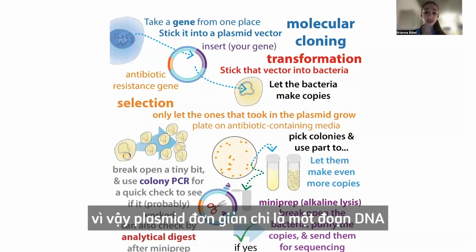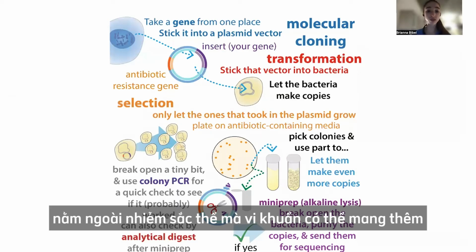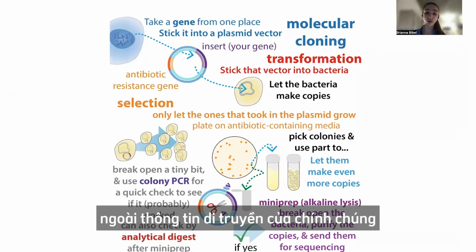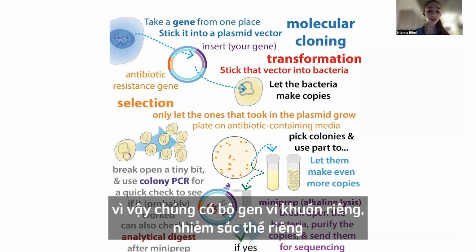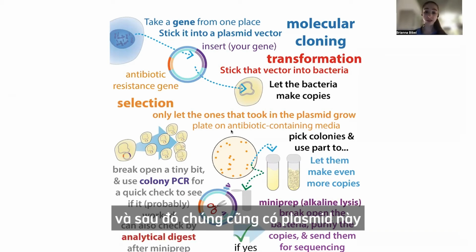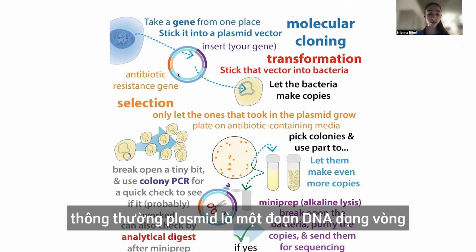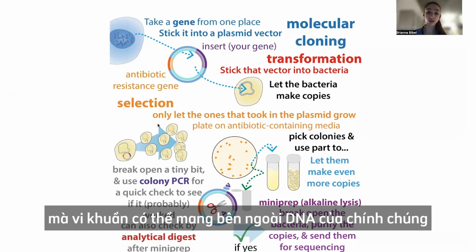A plasmid is just an extracellular piece of DNA that the bacteria can host in addition to their own genome, their own genetic information. So they have their own bacterial genome, their own chromosome, and then they also have this plasmid. Typically this plasmid is a circular piece of DNA that the bacteria can host outside of their own DNA.